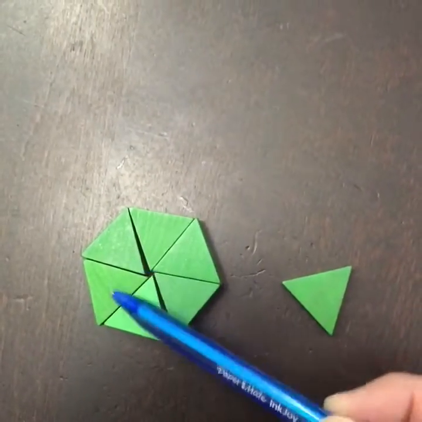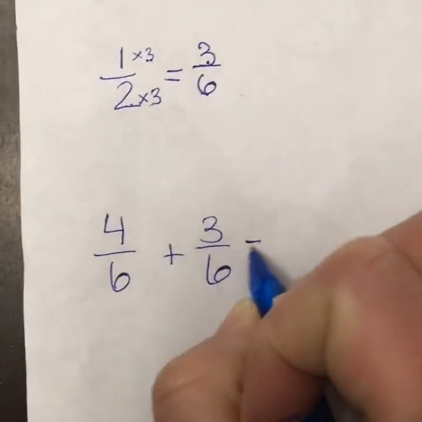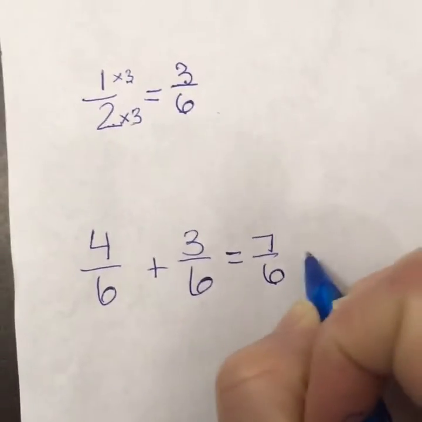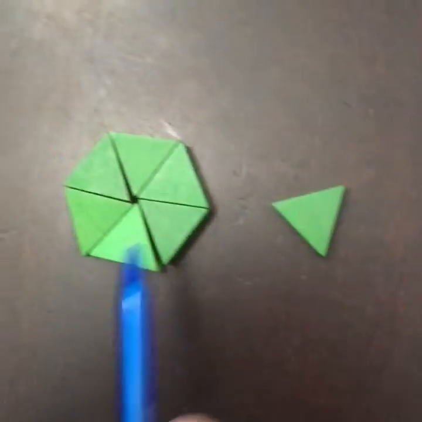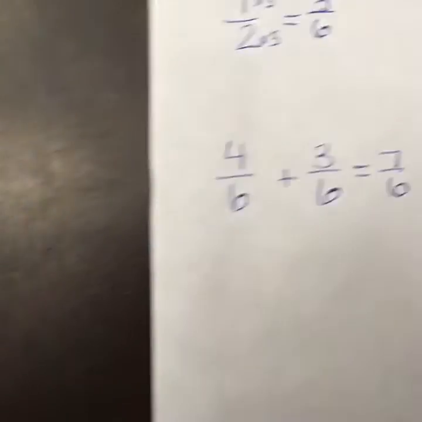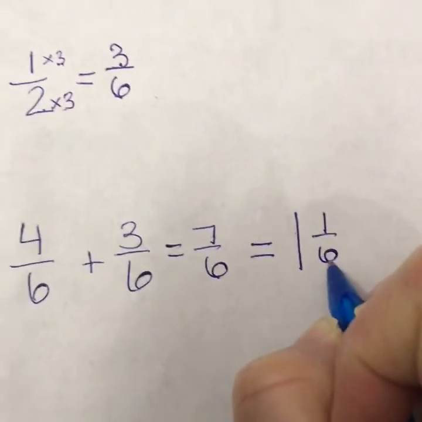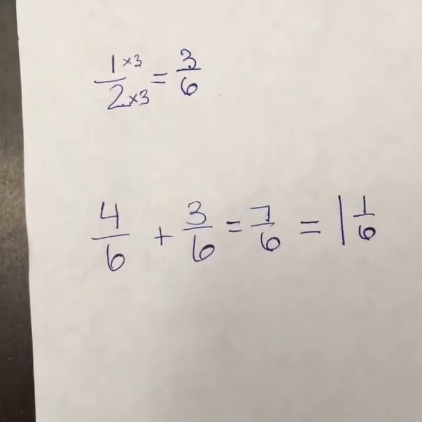So I have 1, 2, 3, 4, 5, 6, 7. So my answer over here will be 7/6. But like we saw with the pattern blocks, 6 of those creates a whole, and I have 1 left over. So over here, I'm going to write 7/6, but it's the same thing as 1 and 1/6.